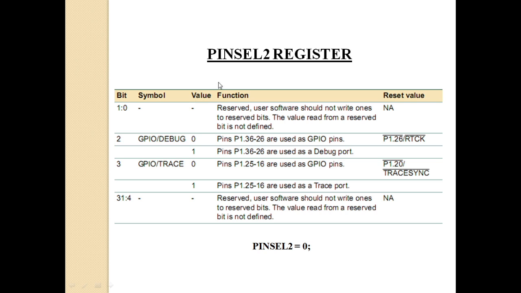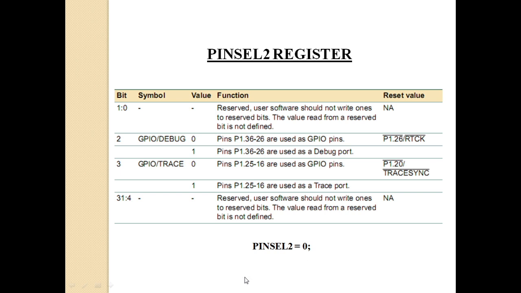The pin select 2 register is a 32-bit register, and in that only 2 bits you are configuring, right? So if you take the hexadecimal equivalent of the 32 bits, it will be 0. So if you write PINSEL2 equal to 0, that means all bits 0, you will be configuring P1.16 to P1.31 as GPIO pins.